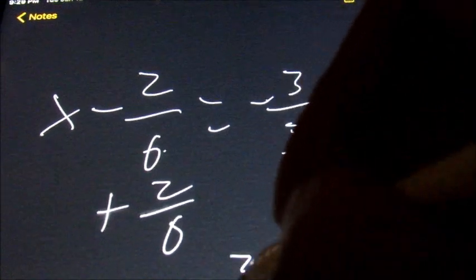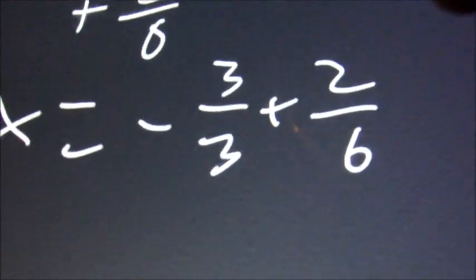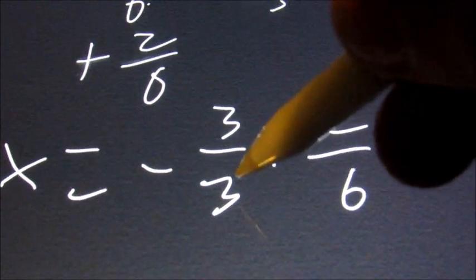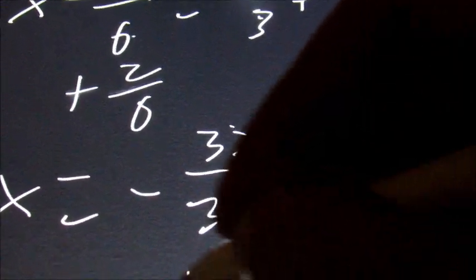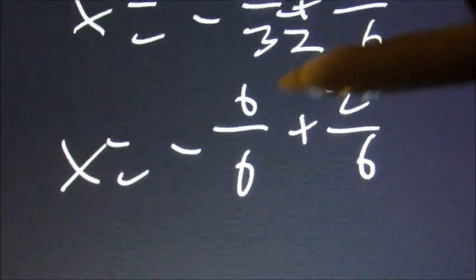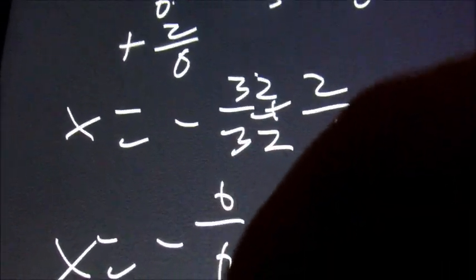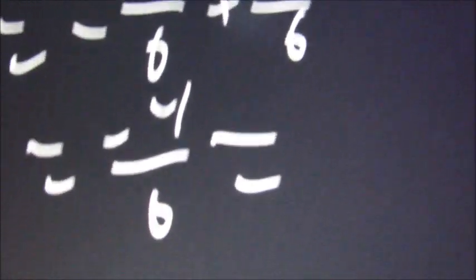So I have x equals negative 3 over 3 plus 2 over 6. So here I need to have 6 in the denominator. So I'm going to multiply this by 2 over 2. I'm going to have x equals negative 6 over 6 plus 2 over 6. Negative 6 plus 2 is negative 4, and it's over 6. And then this reduces to negative 2 over 3.